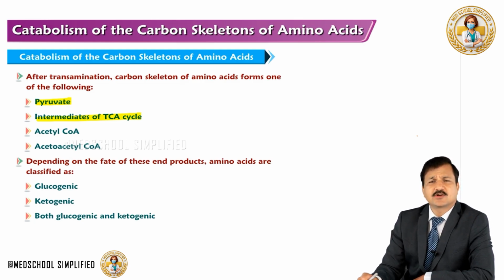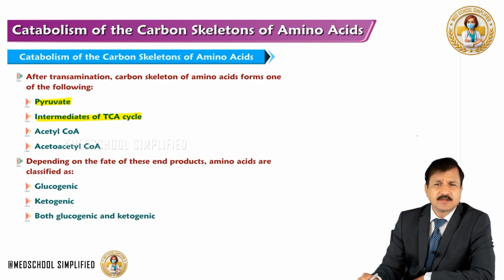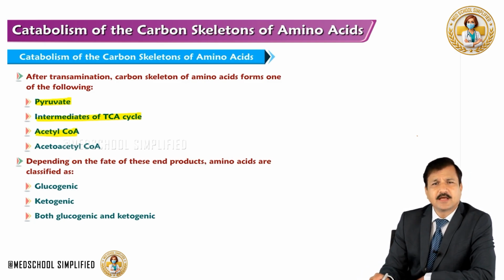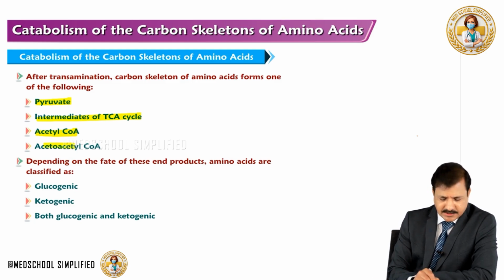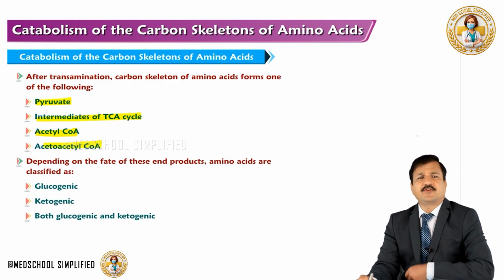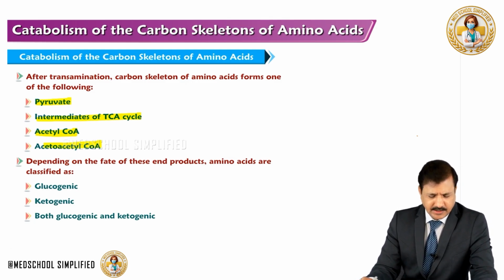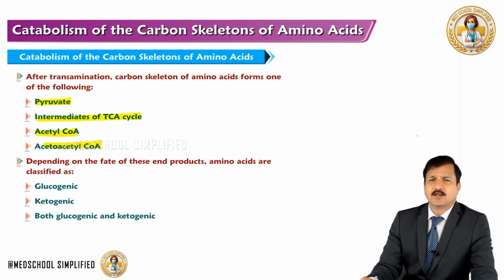Or it can make acetyl-CoA directly, or acetoacetyl-CoA. So these are the fates. What will happen to pyruvate, the TCA cycle intermediates, acetyl-CoA, and acetoacetyl-CoA, we'll look into that.